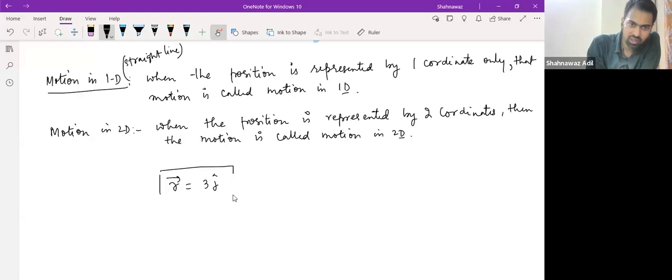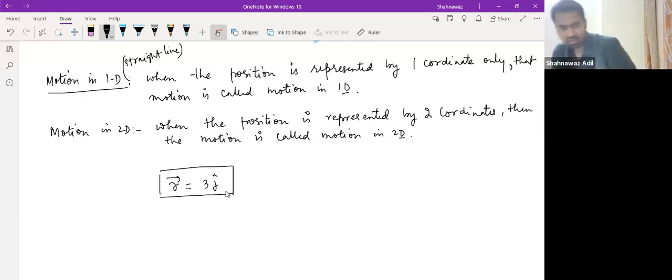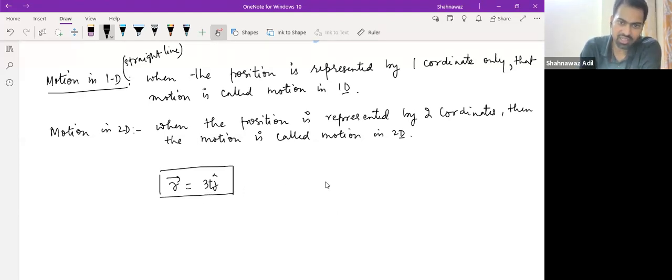So is this motion in 1D or 2D? 1D, right? But if I write 3j only, this is a constant, not changing with time.